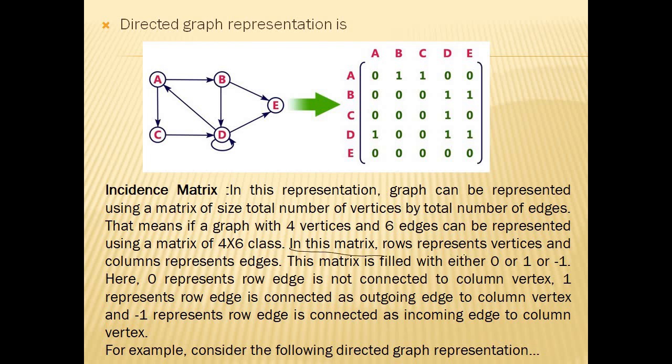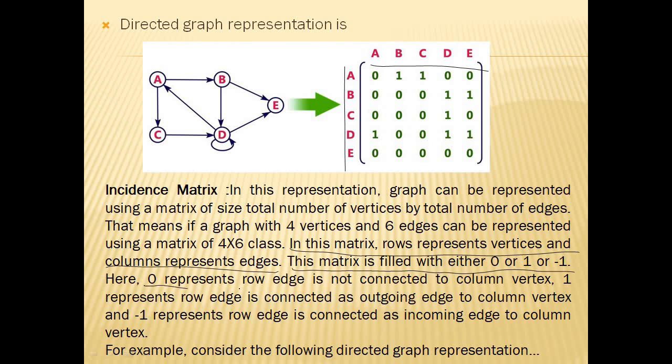In this matrix, rows represent the vertices and the columns represent edges. That's the difference. In the above matrix, rows and columns are both represented with vertices, but here it is edges. This matrix is filled with either 0, 1, or -1.